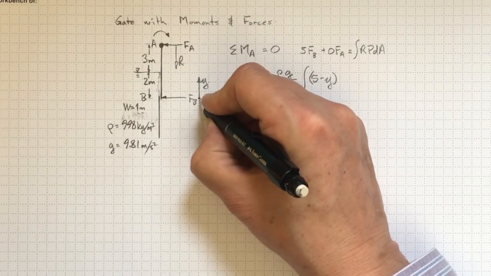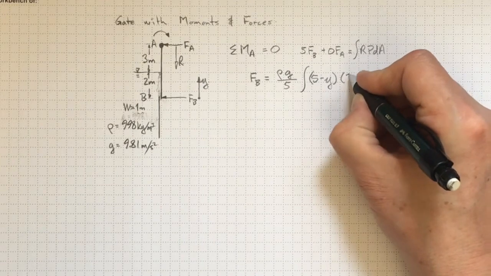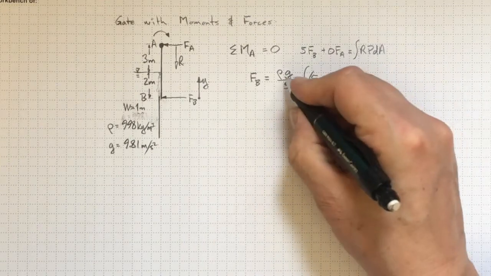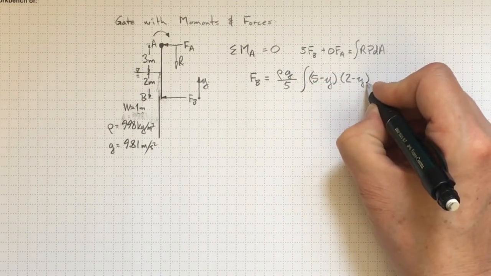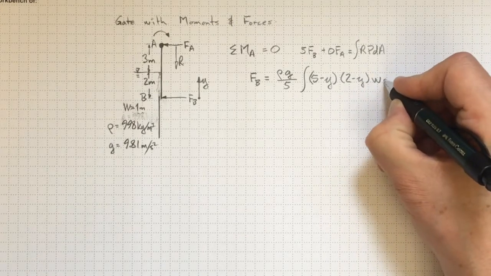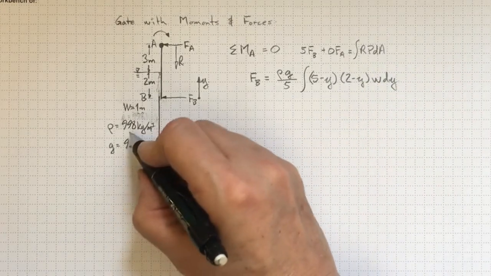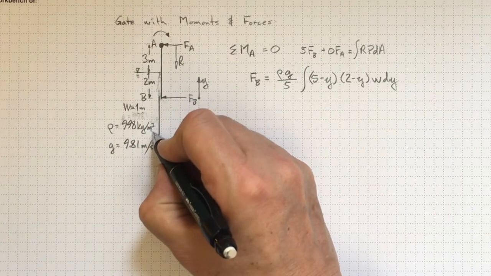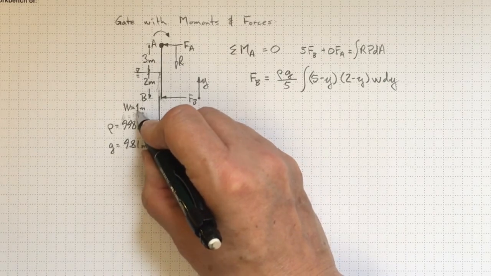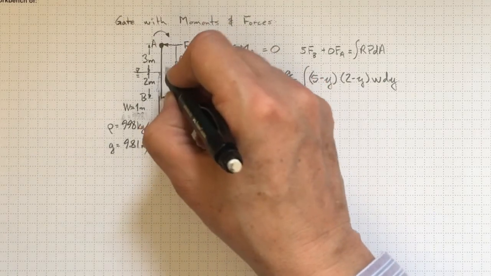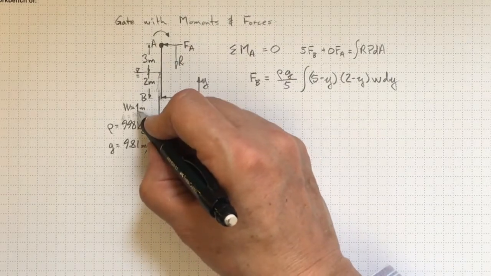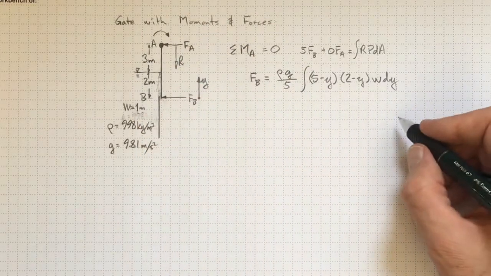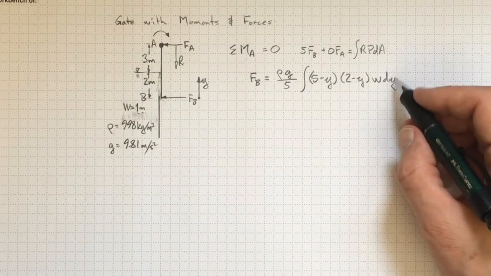That will be 2 minus y. So rho g times 2 minus y. And dA will be w dy. We're going to work with water at 998 kilograms per cubic meter. And we're going to assume that the width into the paper here is 1 meter. So that'll make our lives a little easier. The w will just disappear.